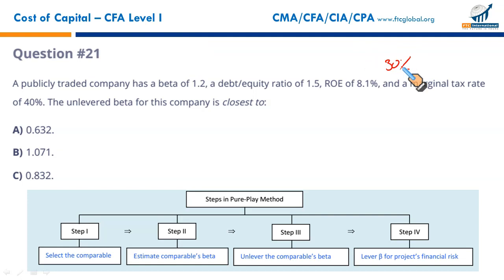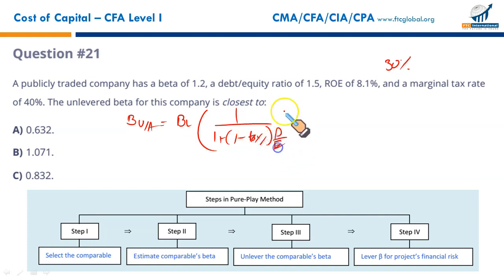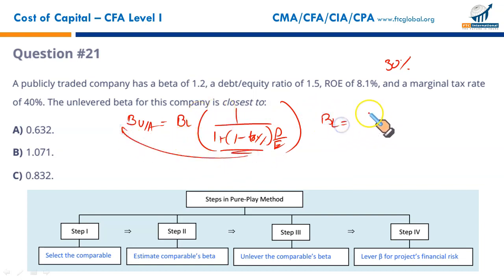The formula I used was beta unlevered or asset beta is equal to levered beta into 1 over 1 plus (1 minus tax rate) into debt upon equity. If you simply take this denominator and multiply it to the other side, you will get the levered beta, and this new arrangement would be unlevered beta or asset beta into 1 plus (1 minus tax) into debt upon equity. This is the last step.